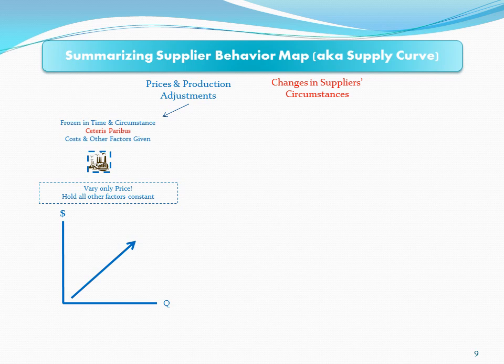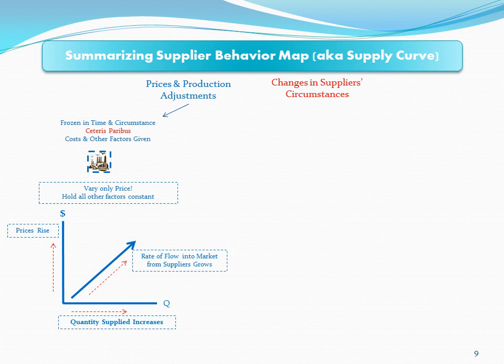We've got a display variable of dollars on the vertical axis and display variable Q, that is the rate of quantity flowing in and out the markets, on the horizontal axis. Prices rise, quantity supplied increases. This is a movement along the curve showing that firms are increasing their rate of production or drawing down their inventories, and this is flowing into the market.